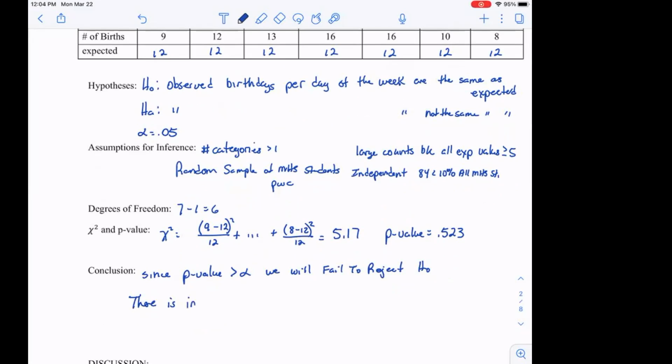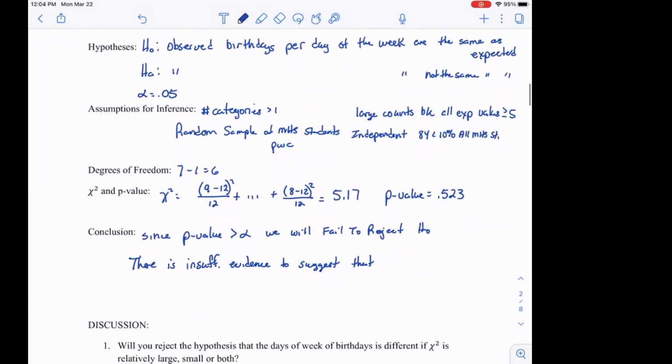There is insufficient evidence to suggest that birthdays do not match even distribution. Oh, getting ahead of myself.